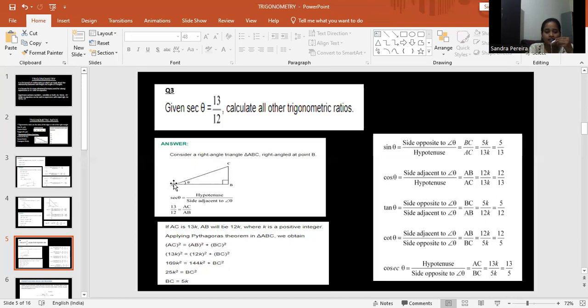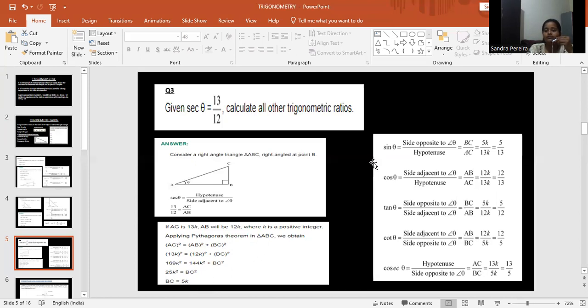AC is 13K and AB is 12K, so by this formula we can find BC. Here BC square equals 25K square. On applying square root on both sides, BC equals 5K.